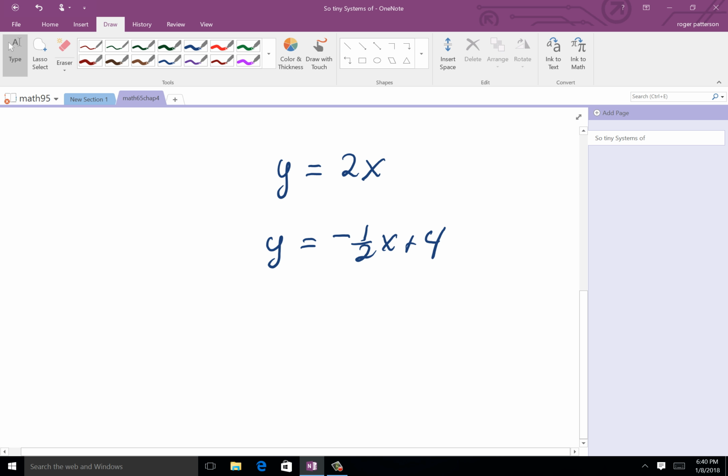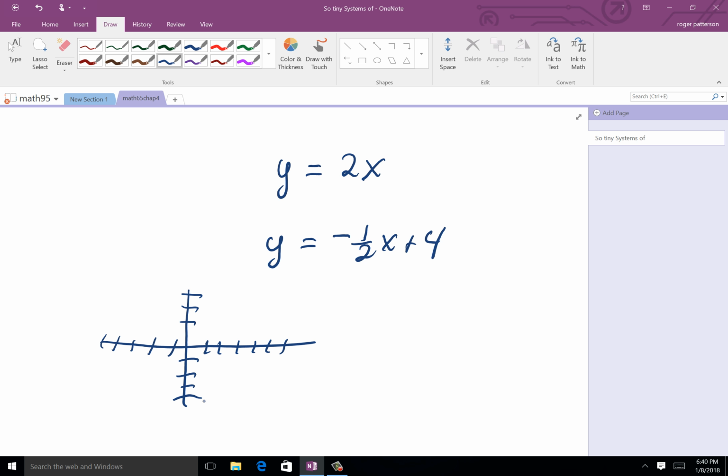The best way to graph these, I'm just going to make a little hand graph here, is to use y equals mx plus b. In this case, remember this number right here, what does that number represent?